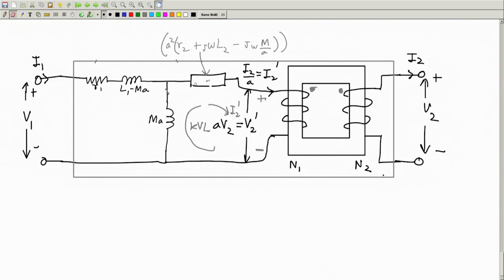Then this one you can also write as a resistance whose value is R2 A square. So this is R2 A square, where A is the nominal turns ratio of the practical transformer, and this you call L2 minus M by A.